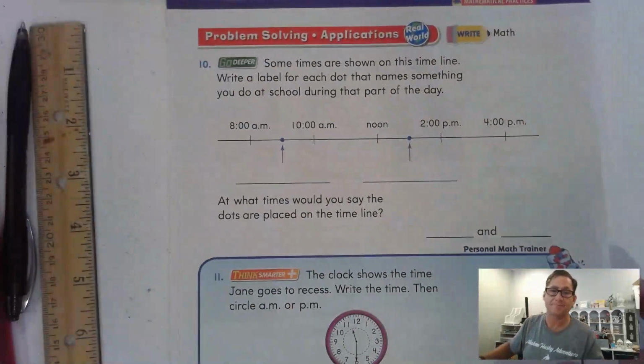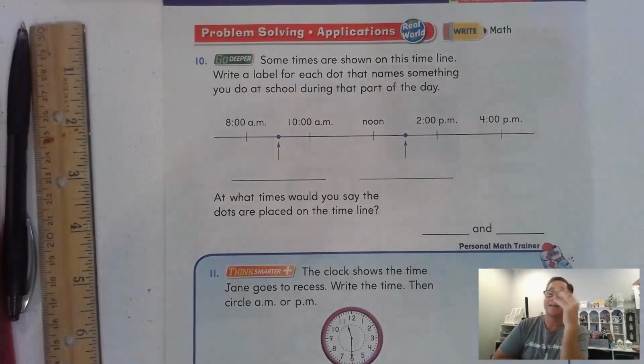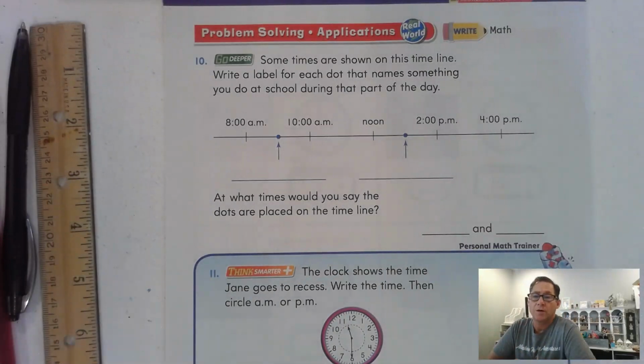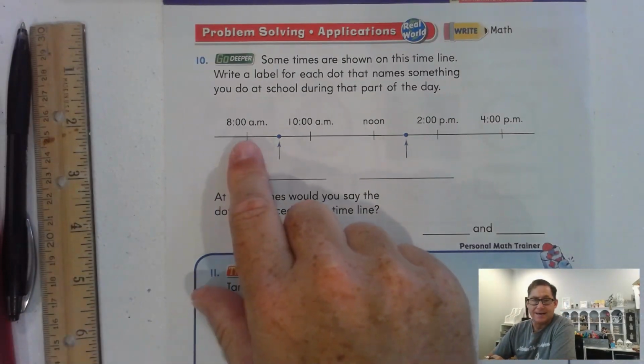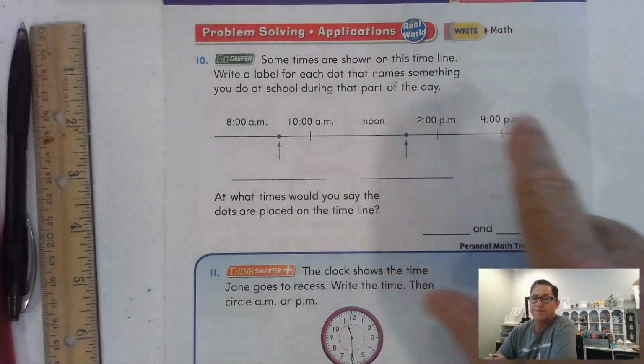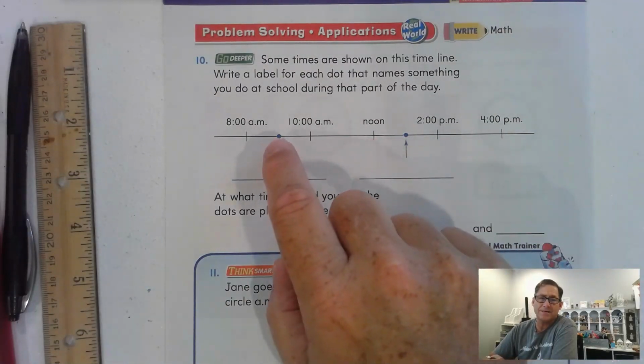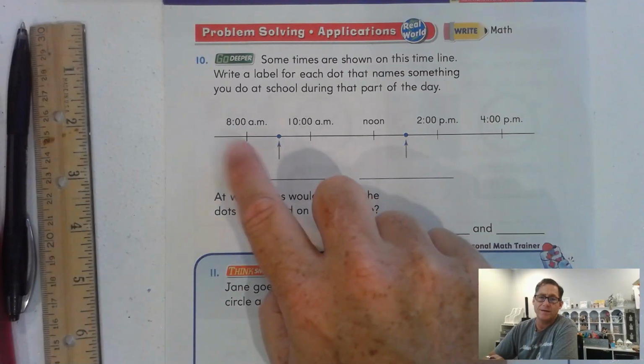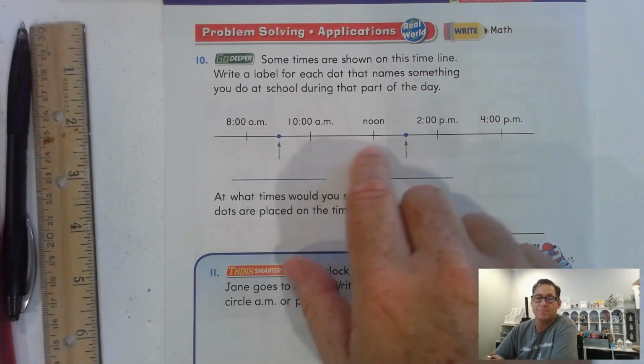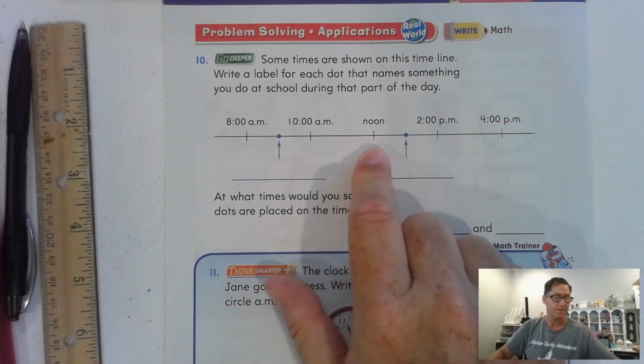And page 388. Times are shown on this timeline. Write a label for each dot that names something you do at school during that part of the day. There's going to be a variety of answers, but let's look here. 8 a.m., noon, 4 p.m. What's an activity you do at school between 8 and noon?